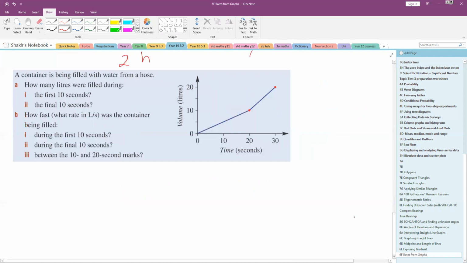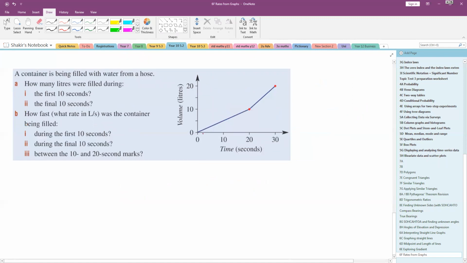Moving on. It says a container is being filled with water from a hose. So there's a new worked example. You might have a container like this, and you're filling it up with water.